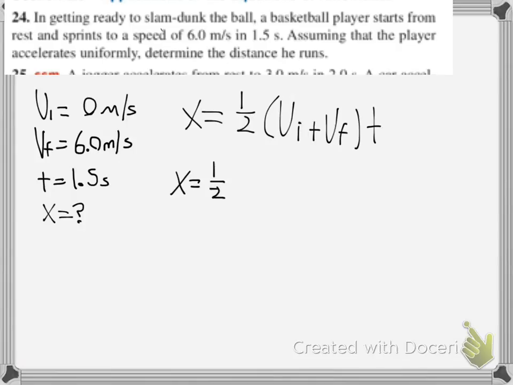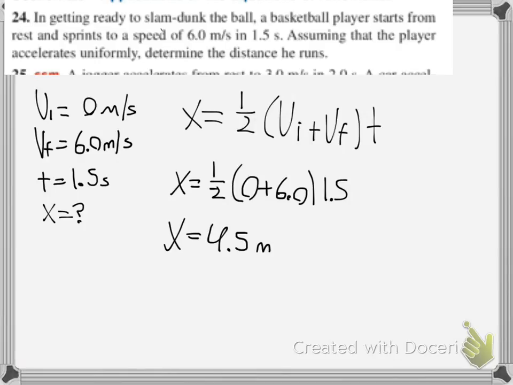And we get that our displacement is equal to 4.5 meters. So it's basically finding our variables and plugging them into an equation in order to solve for the variable they're asking for. And we get 4.5 meters as the distance that he runs.